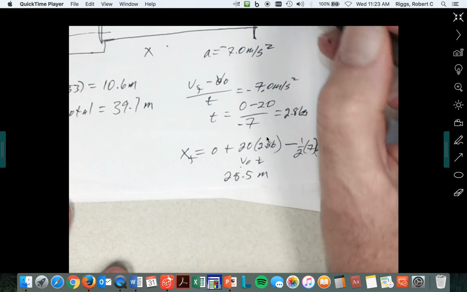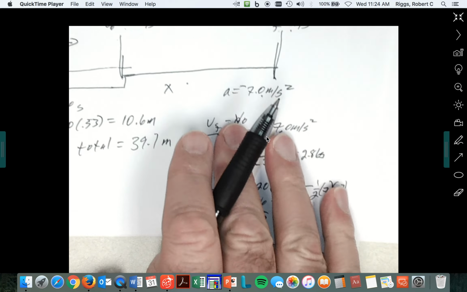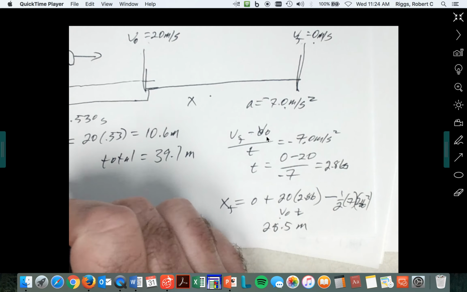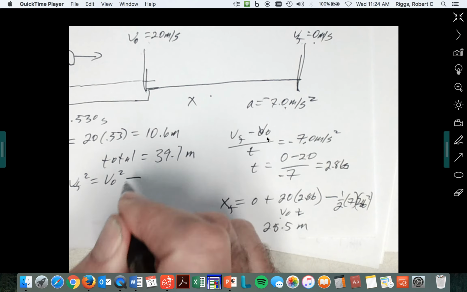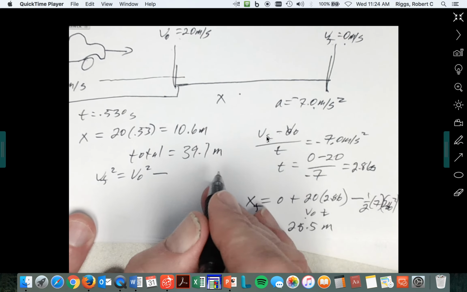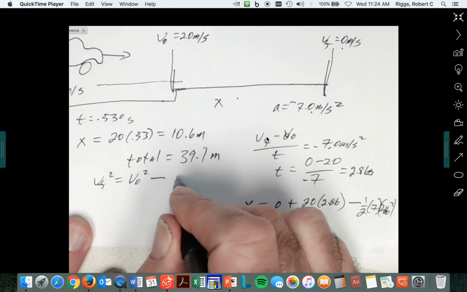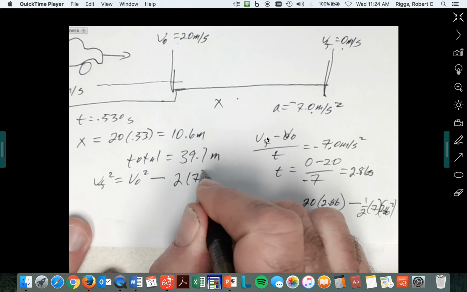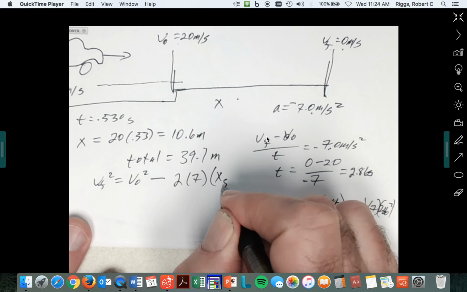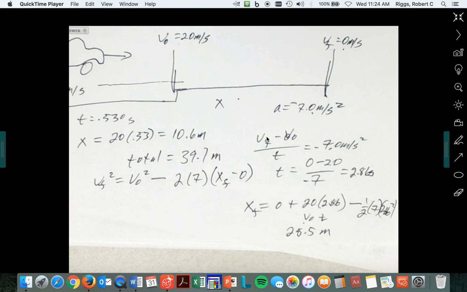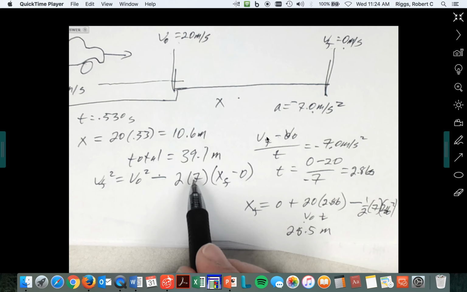Now, you might have said, well, wait a minute. I've got a final velocity, I got an initial velocity, I got an acceleration. I just don't have a distance again. I could have used this formula: v final squared is equal to v naught squared minus, since the acceleration is negative, 2 times 7 times x final minus 0. Notice, I could have had plus -7 here, but I just go ahead and factor that out.